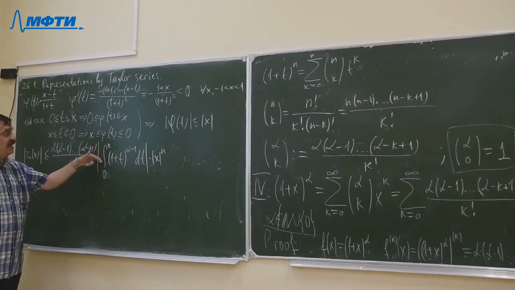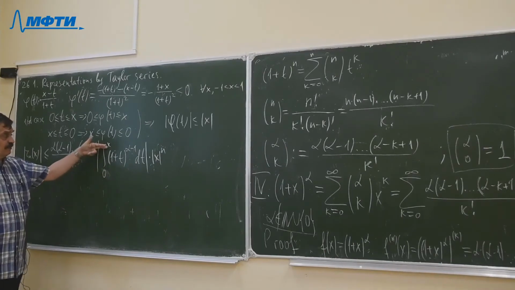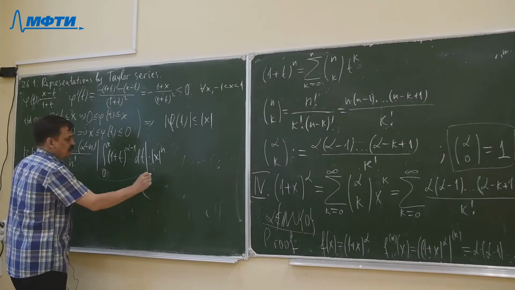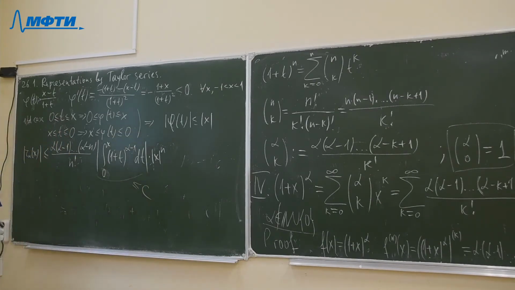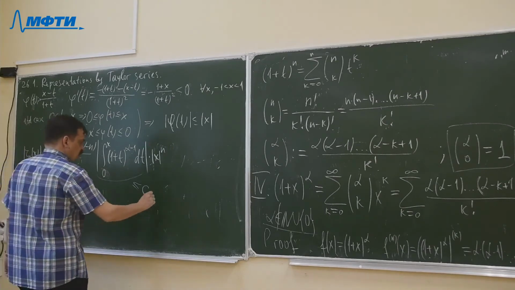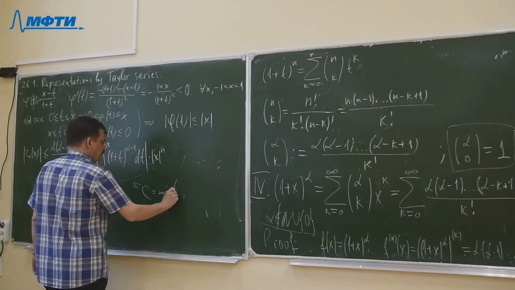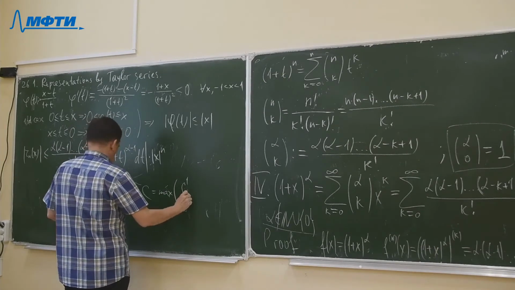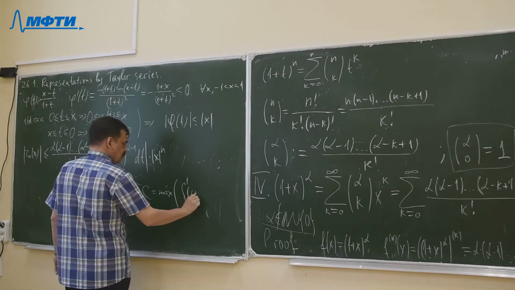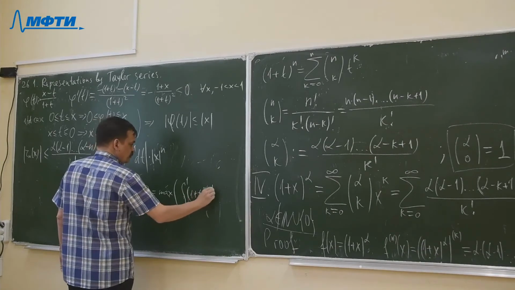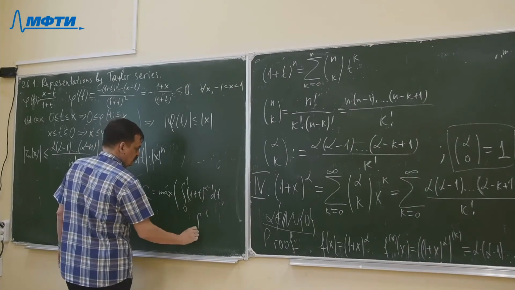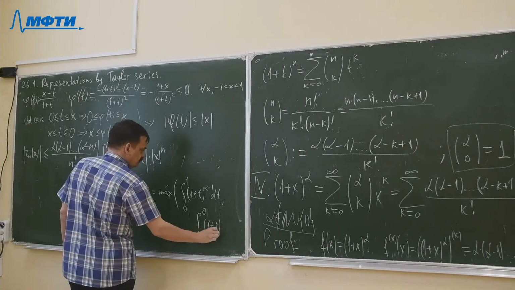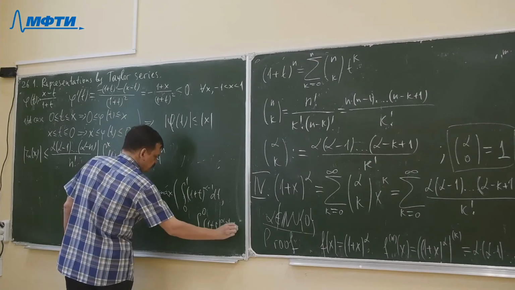If x is negative, then once again I replace by minus 1, so that is less or equal to a constant c. So c is, let's say, the maximum of the integrals from 0 to 1 of (1 plus t) to the power alpha minus 1 dt, and the integral from minus 1 to 0 of (1 plus t) to the power alpha minus 1 dt.